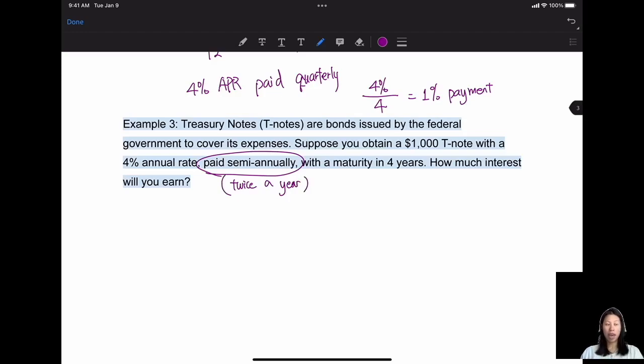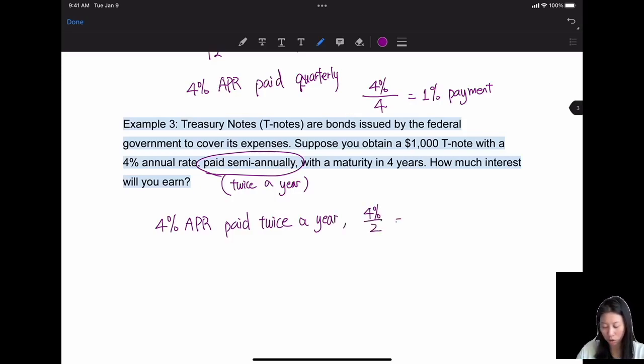So with a 4% APR paid twice a year, we use 4% divided by 2, which equals 2% for each payment.